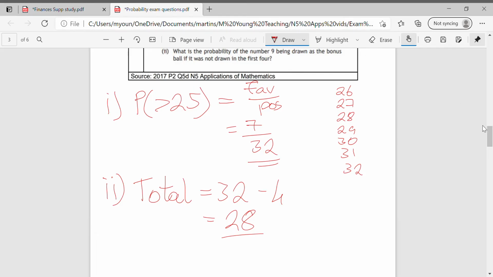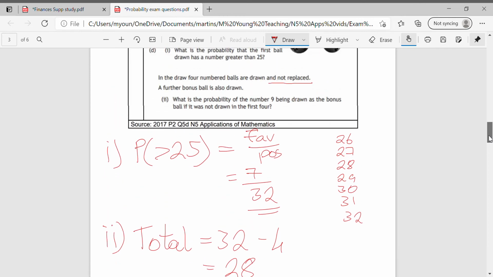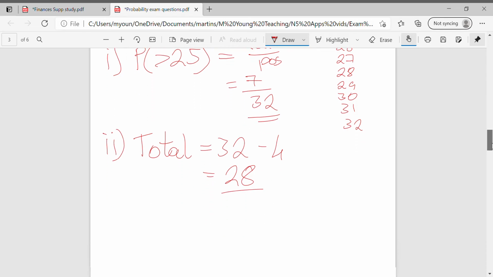And then for this one, it's the probability of a number 9 being drawn out of that 28. And obviously there's only one number 9, so the probability is, remember, favourable over total number. There's only one, and there's 28 in total. So nice and easy for that one. No need to simplify for either of these ones.